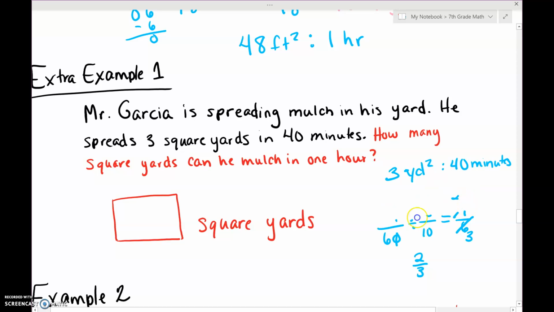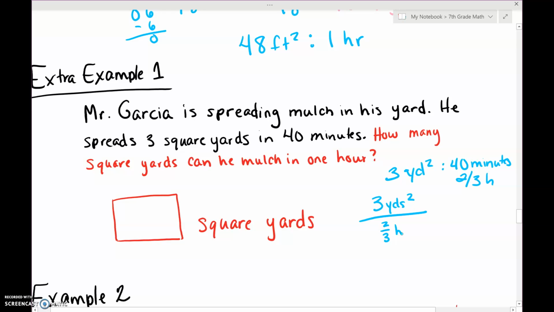So we know that 40 minutes is 2/3 of an hour, and he can do 3 yards. So our unit rate right now is 3 square yards to 2/3 of an hour. I'm going to show you division again.